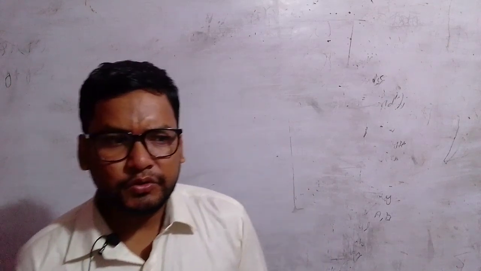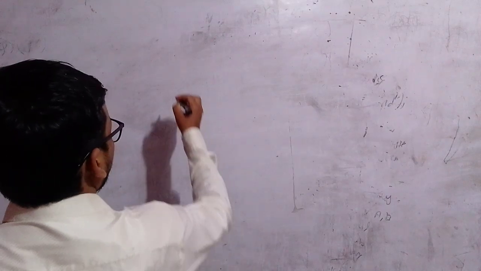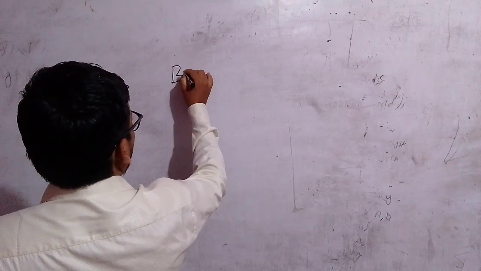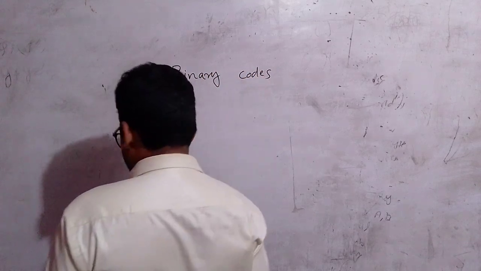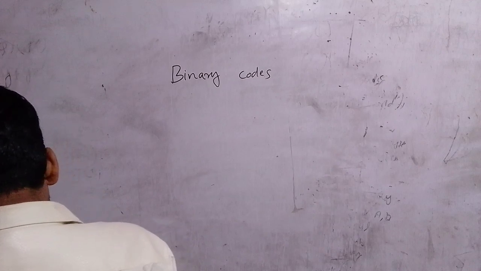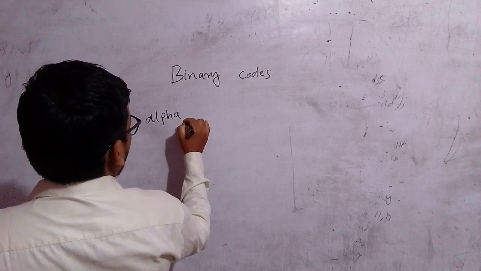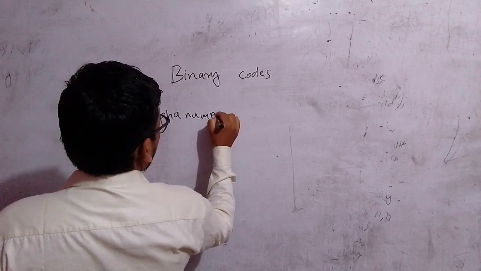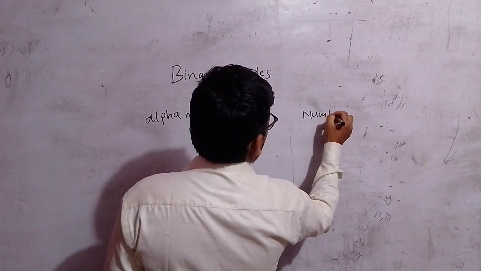Now there are various types of binary codes, various methods to get the binary code. For example, let's see binary codes: alphanumeric and number.